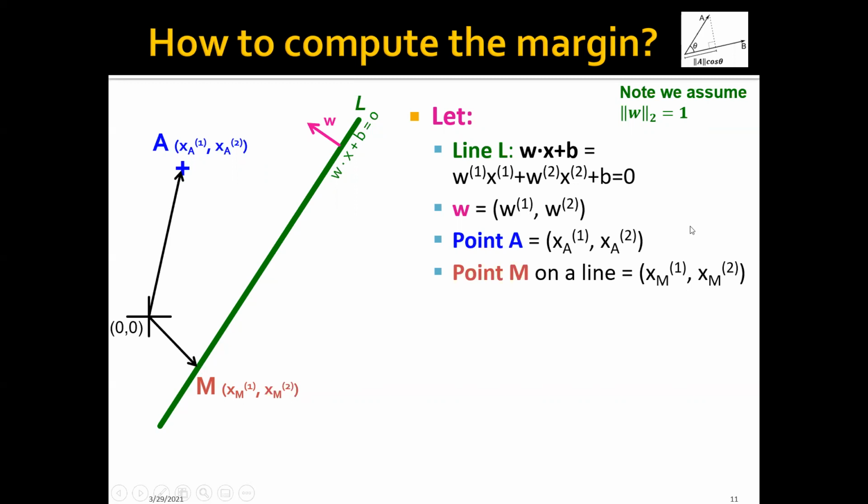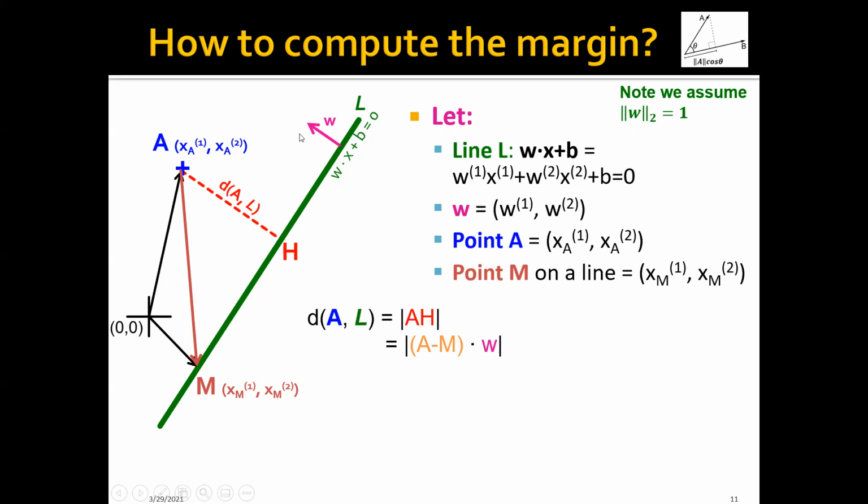Now the question is, how do we compute the distance between this point A and the decision boundary? Basically, we want to express the distance between A and this line L using W, B and XA. So this is basically our task here.